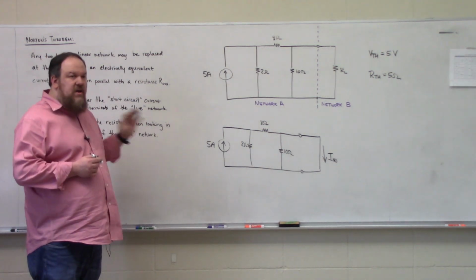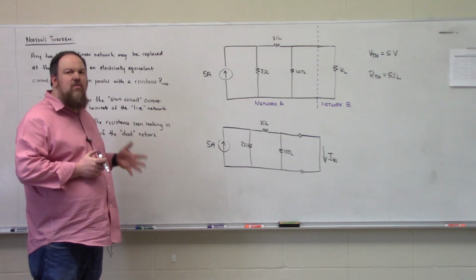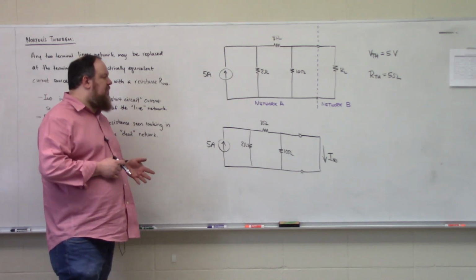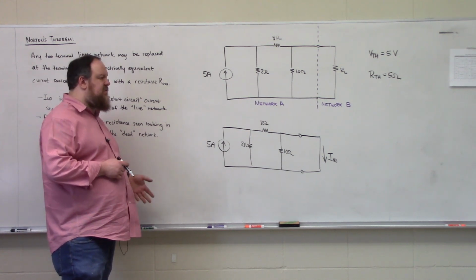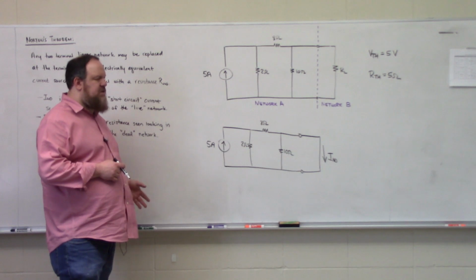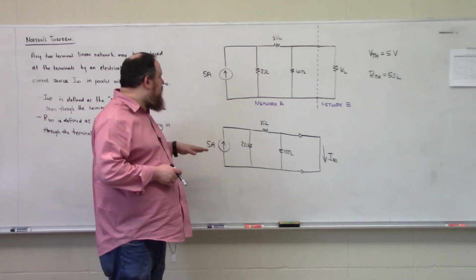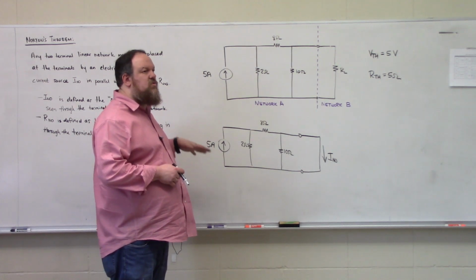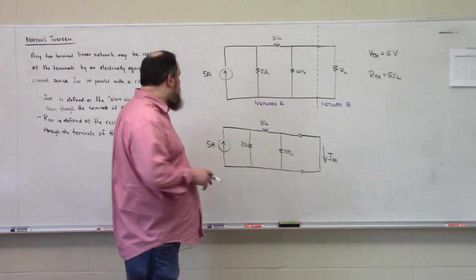Now, again, we could determine the current INO in any way that we are comfortable with. So we could do nodal analysis, mesh analysis, Kirchhoff's voltage law, Kirchhoff's current law, whatever we want to do. Again, this is a place where doing a source transformation will make determining that quantity very, very simple.